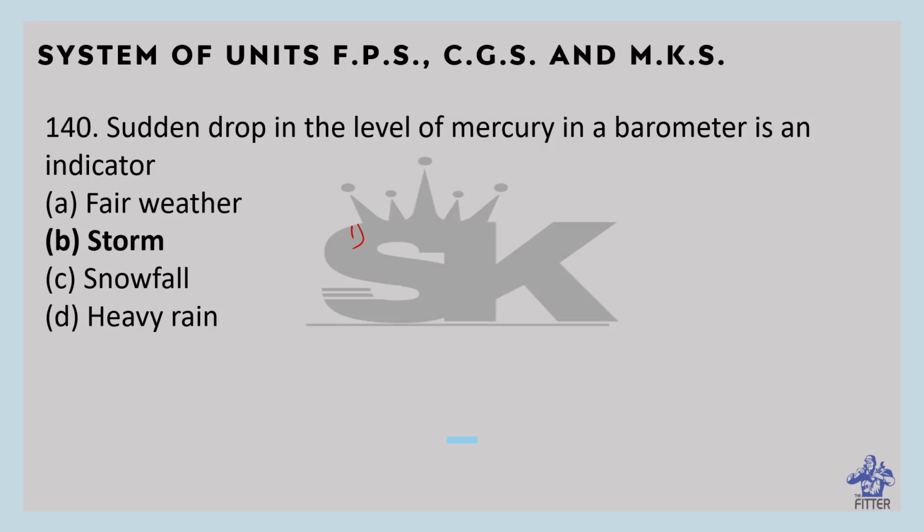Mercury level and indication. The first one is sudden fall. Sudden fall indicates storm or cyclone.